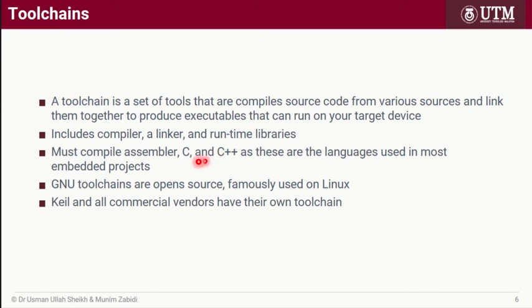So you need to make sure your toolchain can compile assembly language, C language, as well as C++ language. Examples of toolchains are GNU toolchain, which is open source and widely used on Linux, and the other one is MDK-ARM Keil, and also commercial vendors that have their own toolchains.